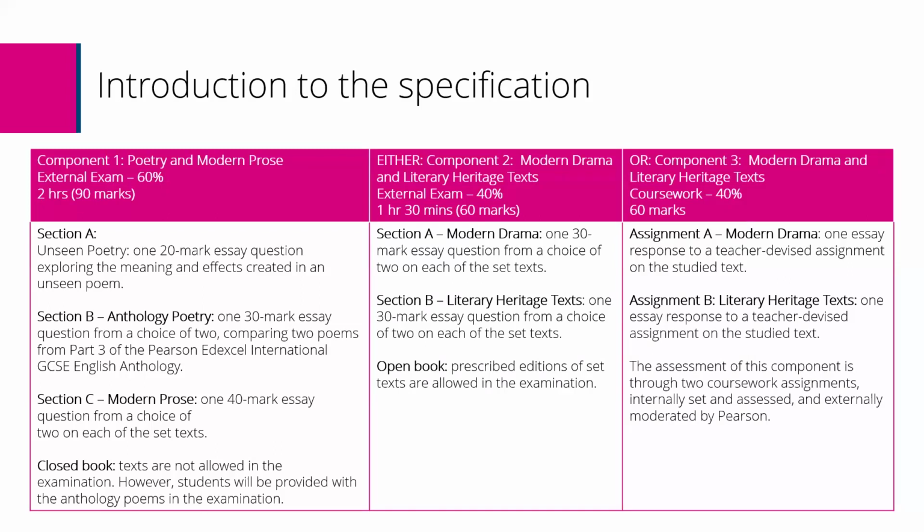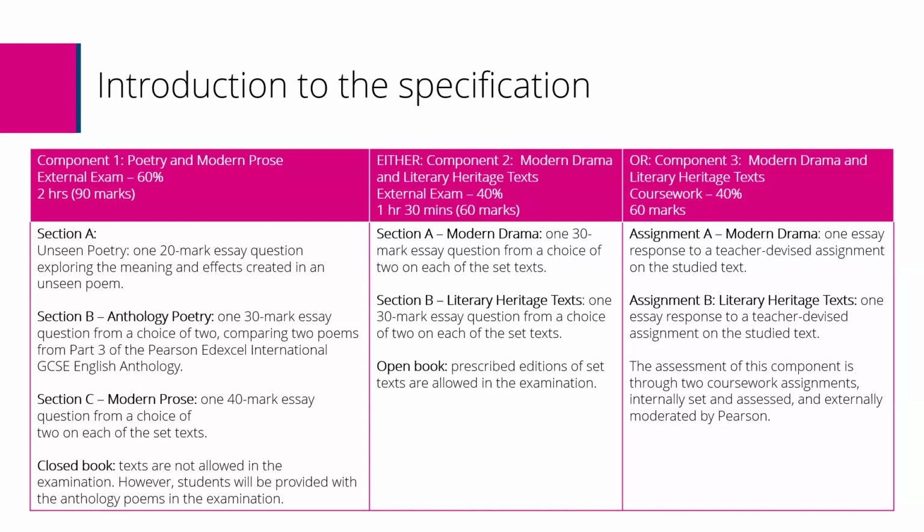And then if you're doing paper 1 and the coursework route, we can see how component 3 mirrors component 2. It's 40% of the final grade, 60 marks, which is the same as component 2, and the focus is the same. Assignment A is on modern drama, one essay response to a teacher-devised or teacher and student-devised assignment on the studied text.